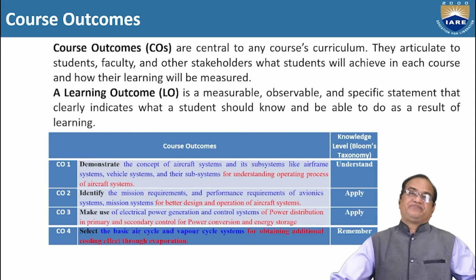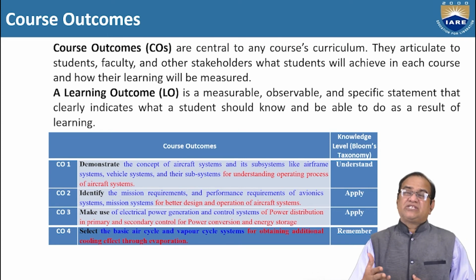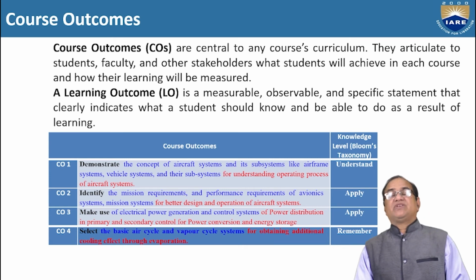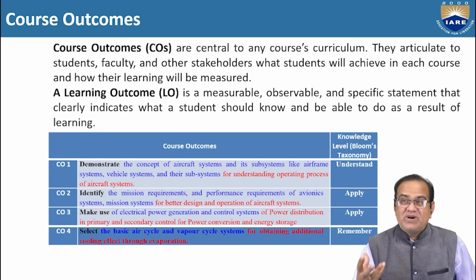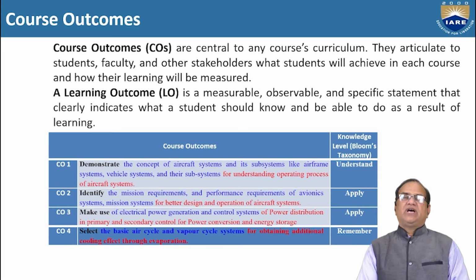Other stakeholders means their parents, their relatives, their alumni and other people. So how and how much they will be able to learn and how you measure these things has to be put in the course outcomes.